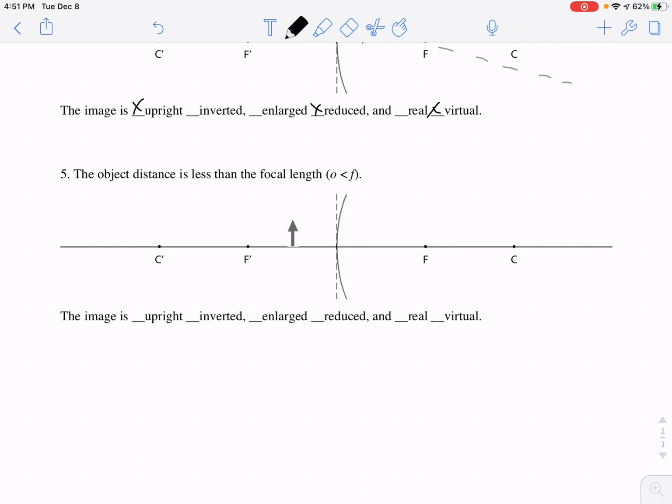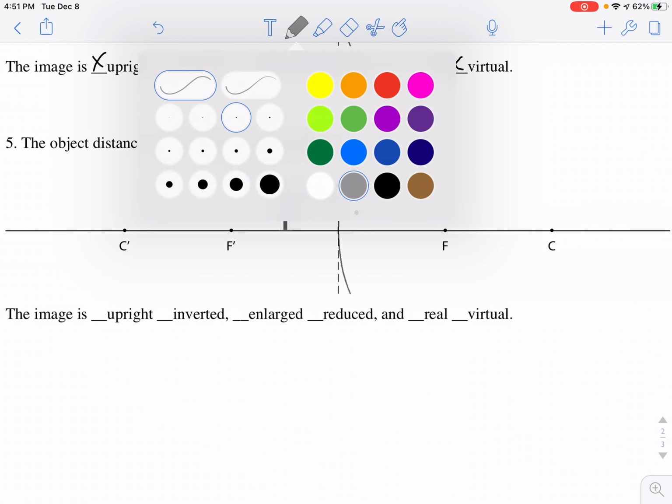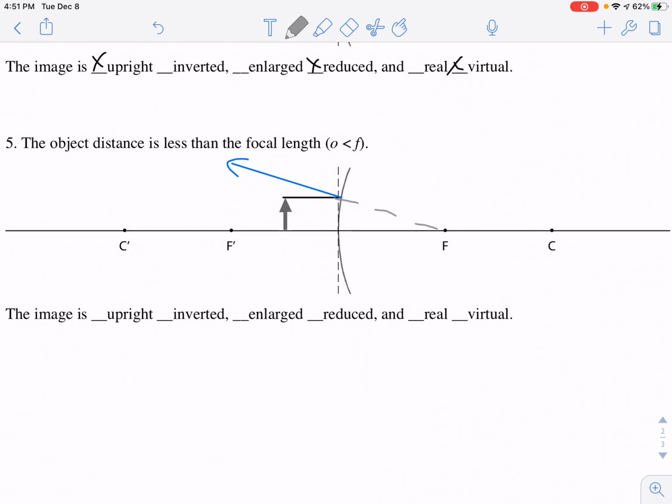And lastly, let's take a look. We're moving halfway between the focal point and the mirror. We're going parallel to the principal axis. You're bending up in such a way that your back ray goes back through the focal point. Your second ray is trying to go through the focal point.